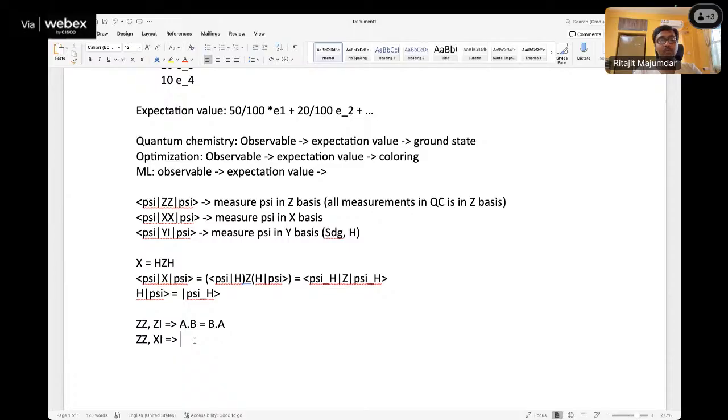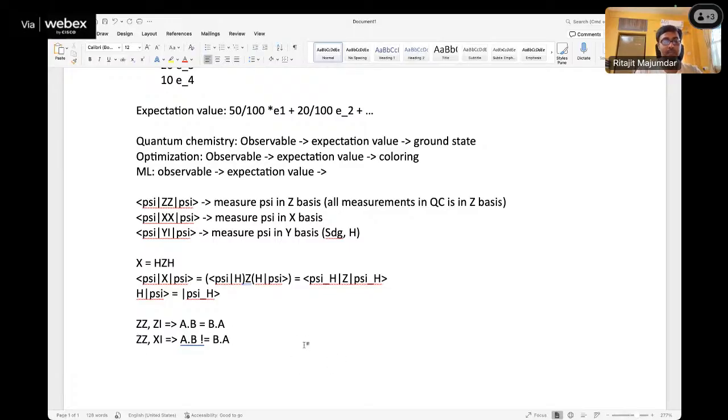Your outcome will not be the same because A times B here is not equal to B times A. So in this case, where the observables don't commute with each other, I need two circuits. One circuit will calculate for this, one circuit will calculate for this. Hopefully this is fine.